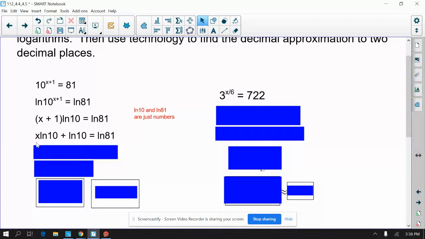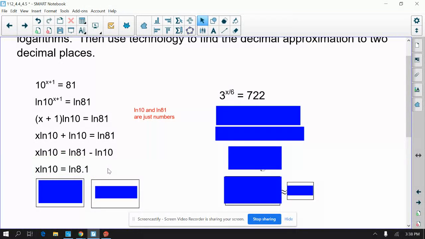And now to solve for x, I'm really just a couple of steps away. I'm going to subtract this and then divide by this. So I subtract natural log of 10. And before I go further, I recognize another property. I'm subtracting two logs with the same base e. So that means I divide the powers. 81 divided by 10 is 8.1.